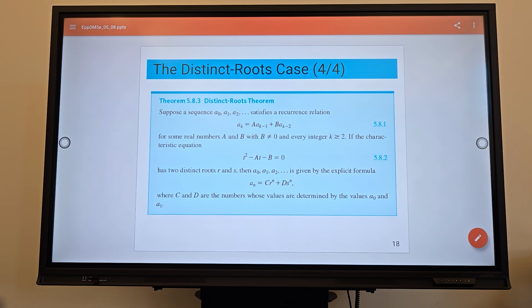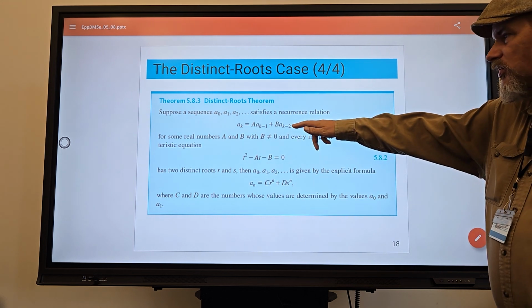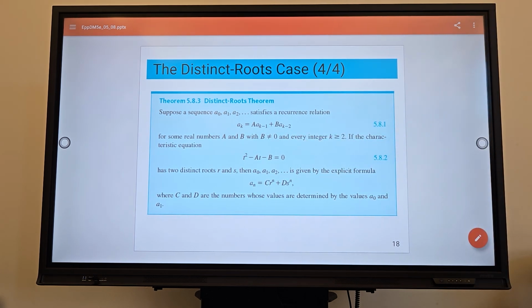Suppose the sequence a satisfies the recurrence relation, the base relation we saw earlier, for some real numbers a and b, with b not equal to 0, and every integer k greater than or equal to 2.